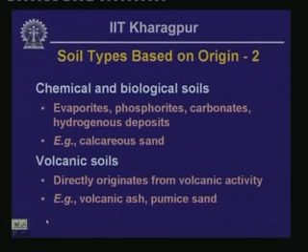Okay. You could also have chemical or biological soils, as I mentioned earlier. Chemical and biological soils include evaporites. Evaporites are solid precipitates because of evaporation of different types of water that have dissolved colloids in it.